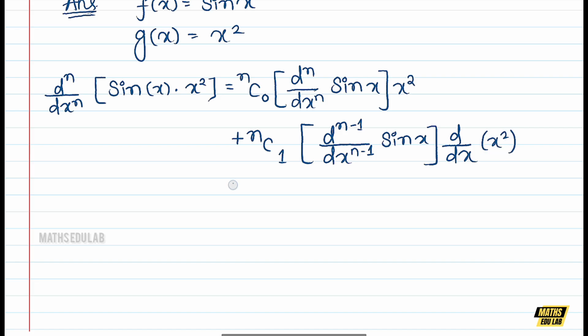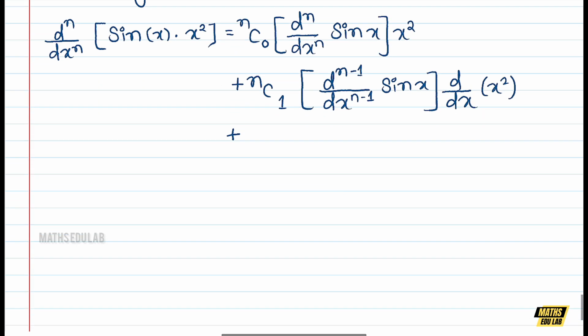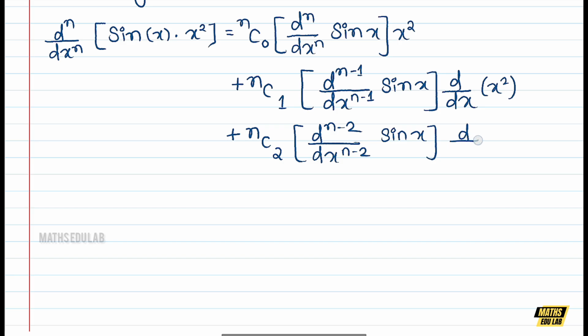Then again we have a step, nC2, d^(n-2) by dx^(n-2) of sin x, and d square by dx square of x square.